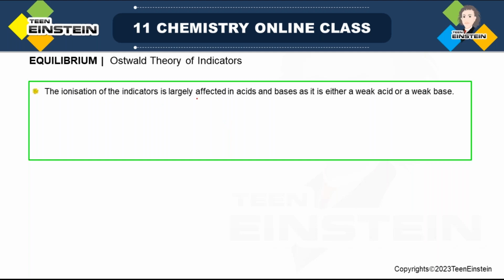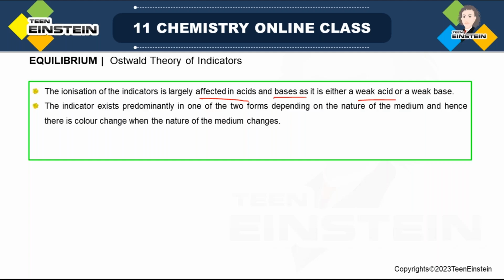Ionization of the indicators is largely affected by whether you have taken it in acid medium or basic medium, because they are themselves weak acids, mostly organic acids, or weak bases. So whether there will be ionization of these indicators or not depends on the pH of the medium, whether the pH is acidic or basic.